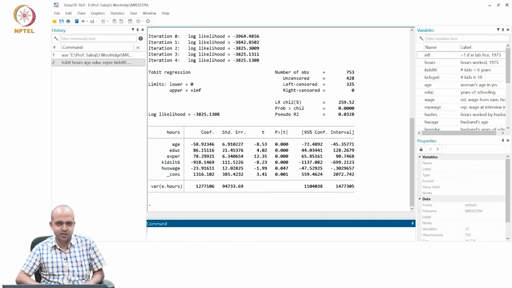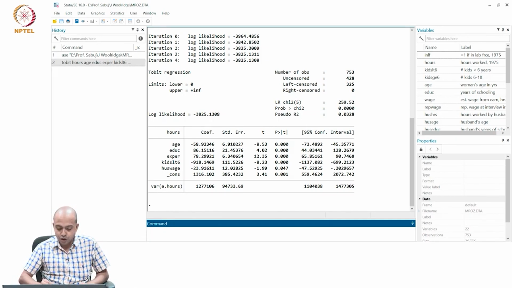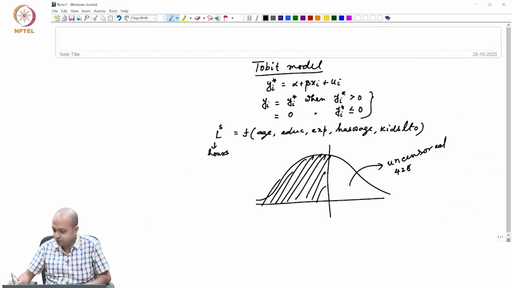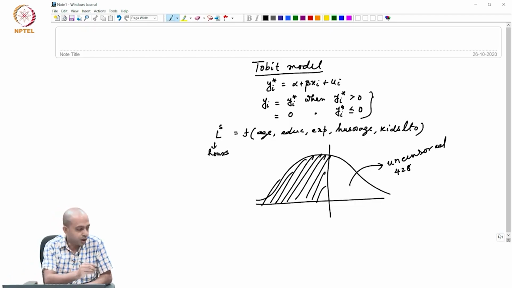Why is this so? Because these coefficients look exactly like your OLS estimates, okay? But still we cannot use these coefficients as our marginal effects. Let us see why we cannot interpret the coefficients directly as marginal effects in the Tobit model as well.